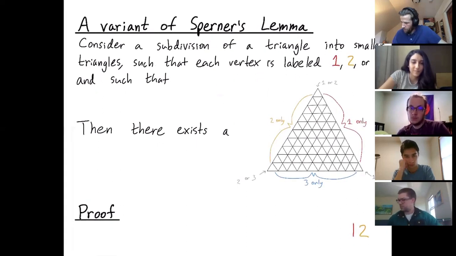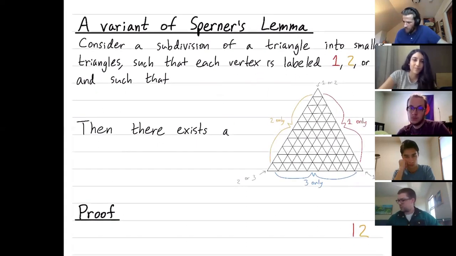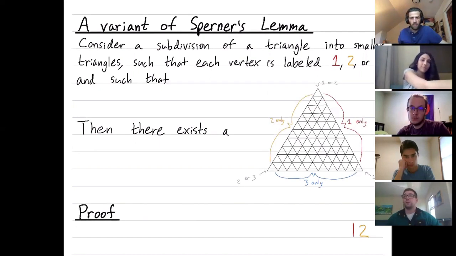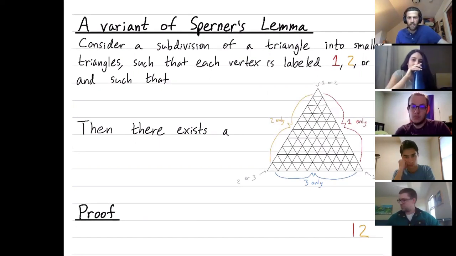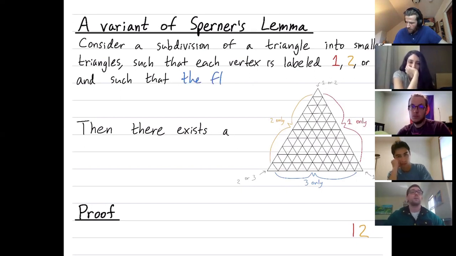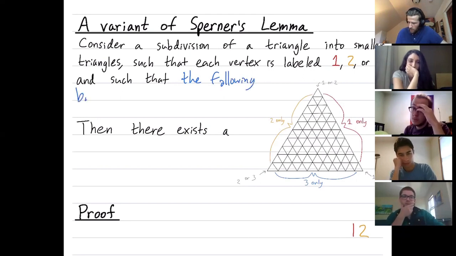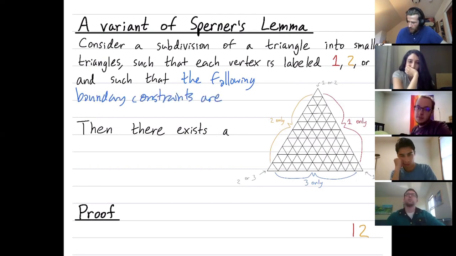Consider a subdivision of a triangle into smaller triangles such that each vertex is labeled 1, 2, or 3, and such that the following boundary constraints are satisfied.